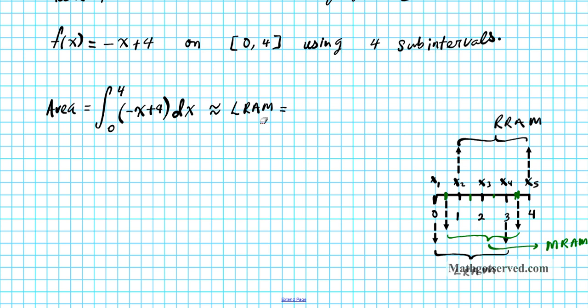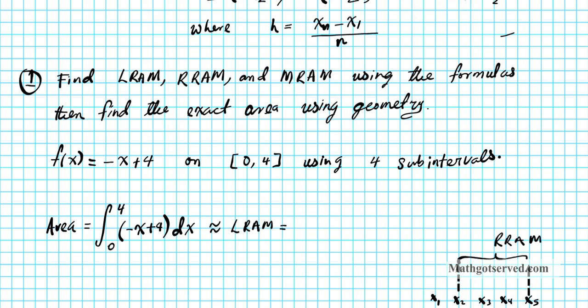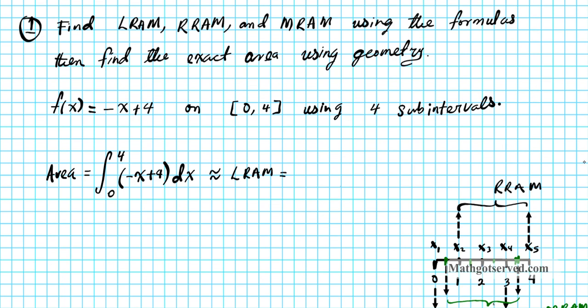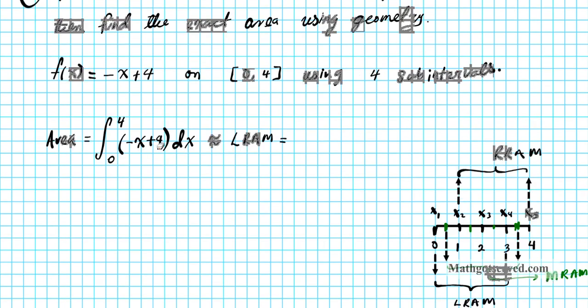So this setup right here will help me easily determine the values of x I'm going to use to calculate my rectangular approximations. Now I'm going to apply the formula we wrote up here together with this setup to find my LRAM.